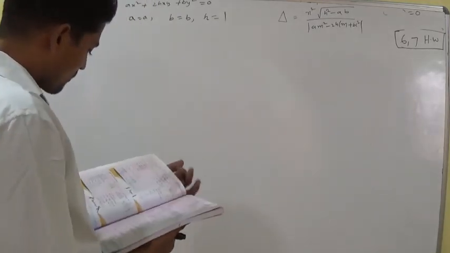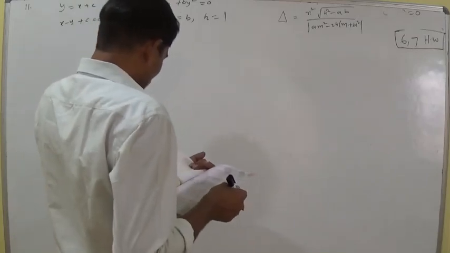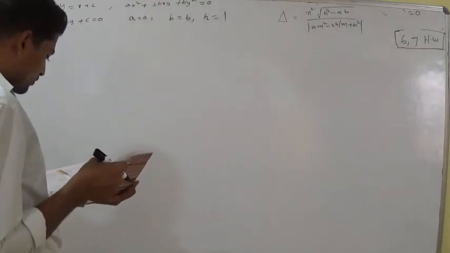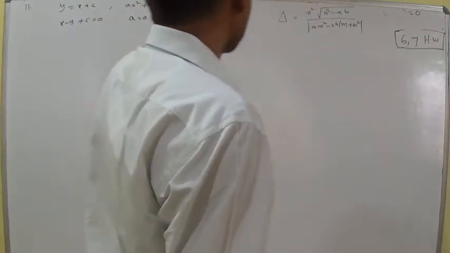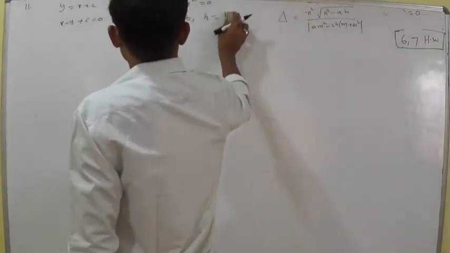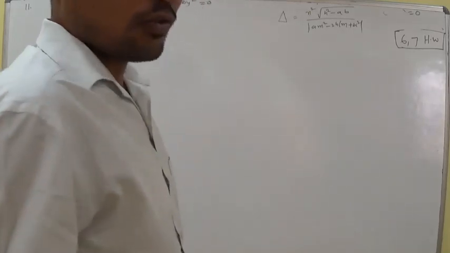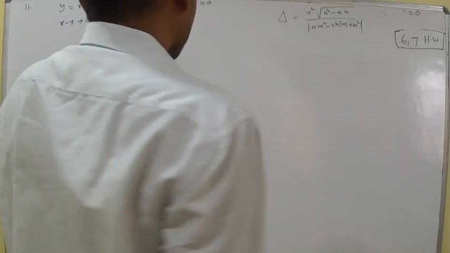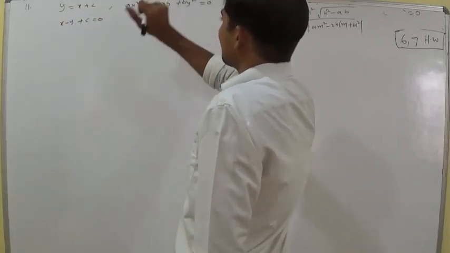So here we can get the value directly. No need to write the values directly here, given a formula ax square plus 2hxy plus by square.